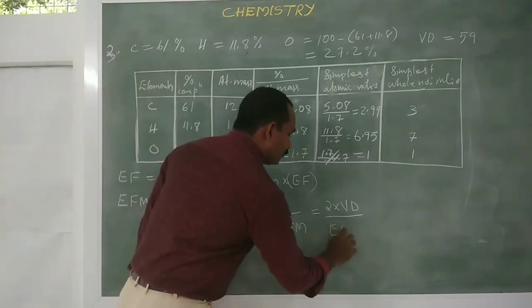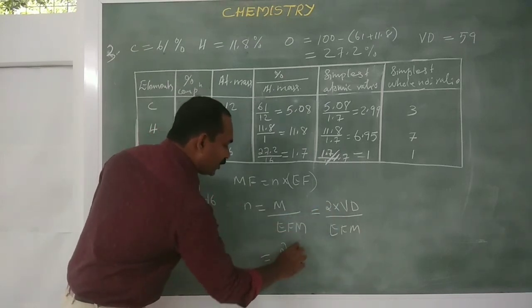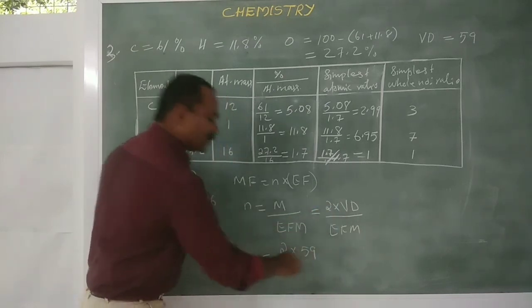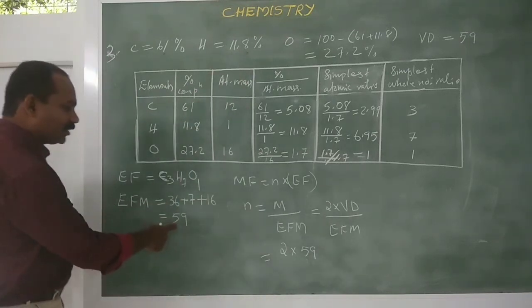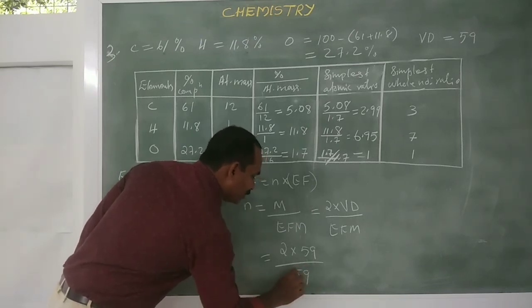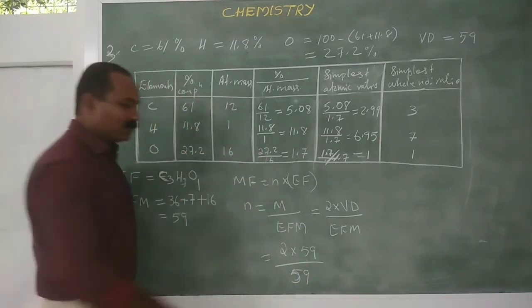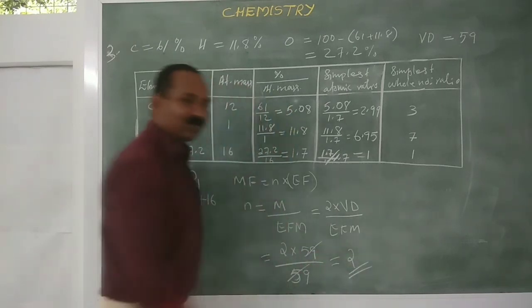So the molecular mass is 2 into 59, and the empirical formula mass is also 59. Cancel it. We get n is equal to 2.